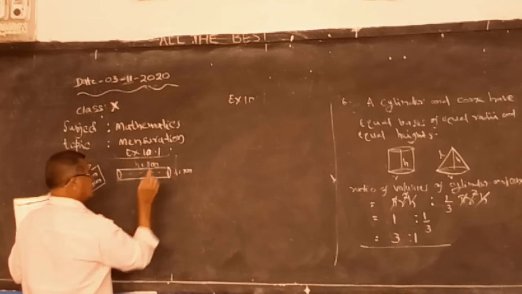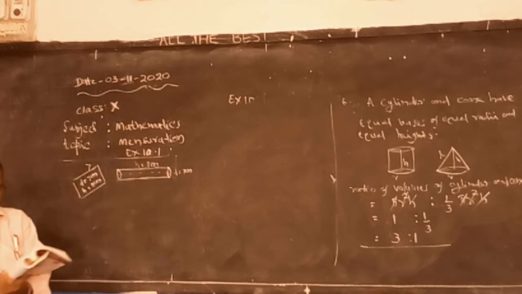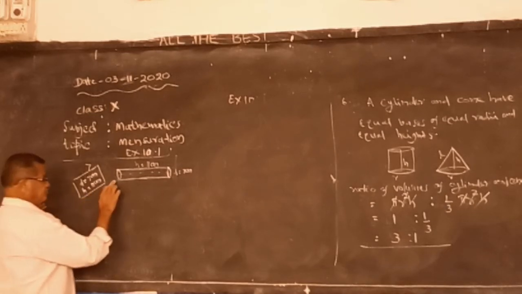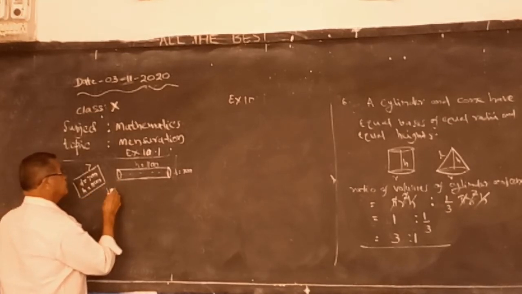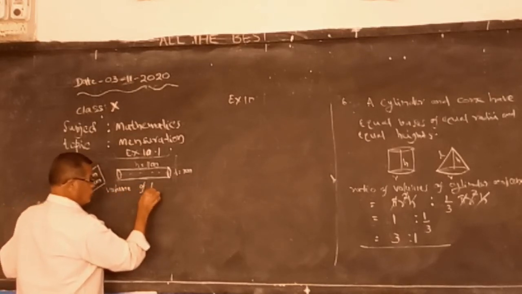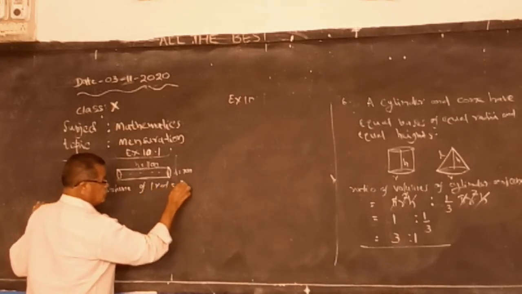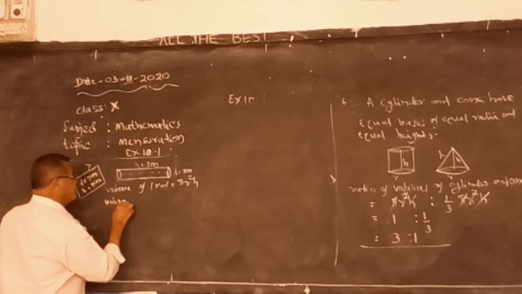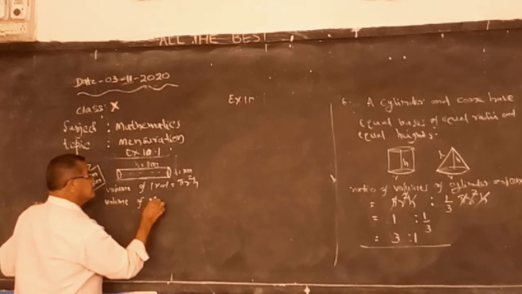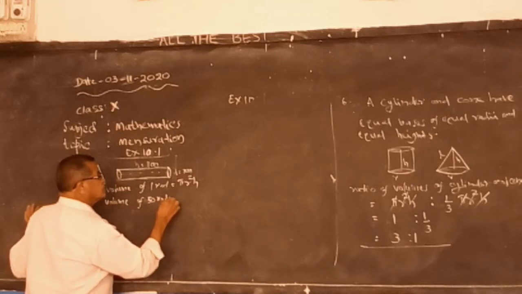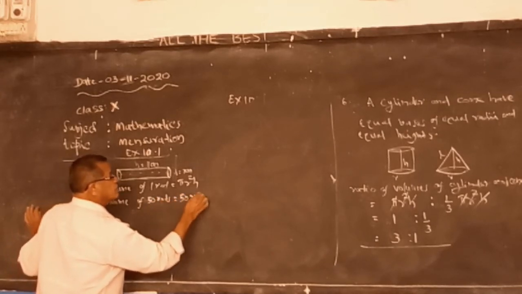He is asking the volume of 50 rods. The volume of one rod is equal to pi r square h, and the volume of 50 rods is equal to 50 into pi r square h.